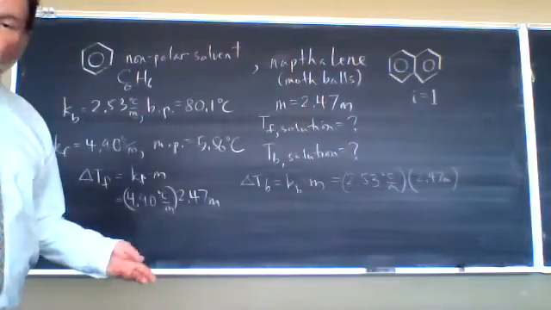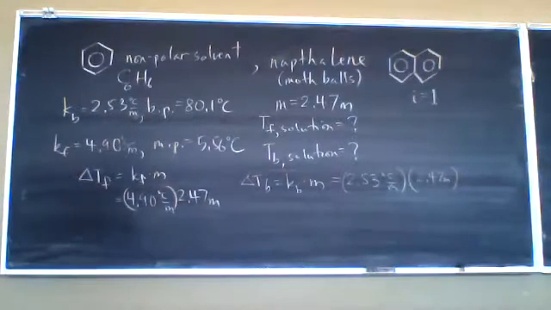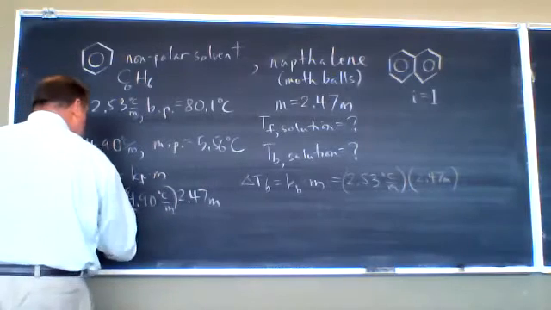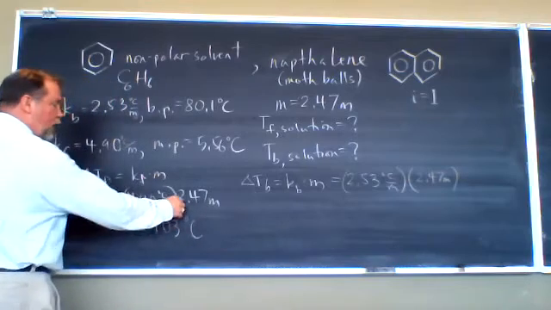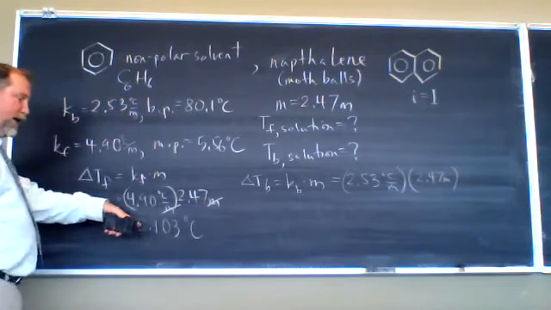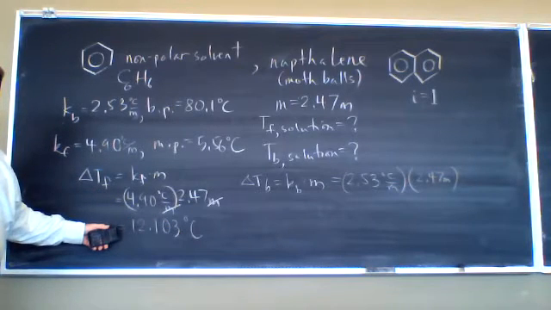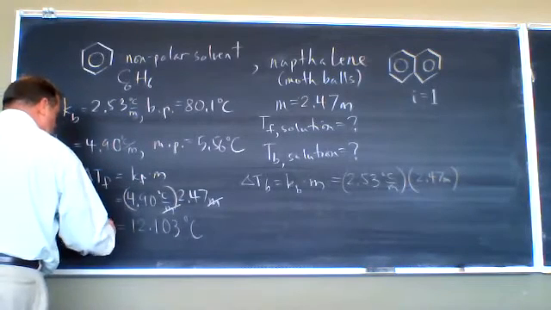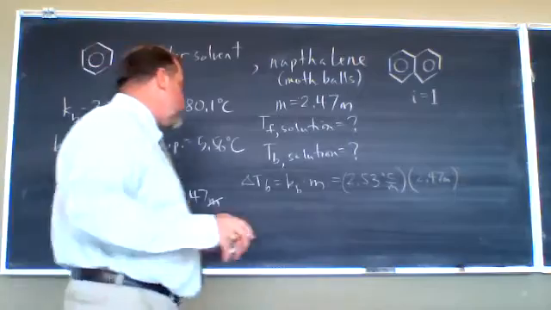And so we just need to do this arithmetic. Our molality units cancel out. We're left with units of degrees Celsius. That's what we hope for, because this is telling us the freezing point depression. So delta T sub F is equal to 12.103 degrees Celsius.